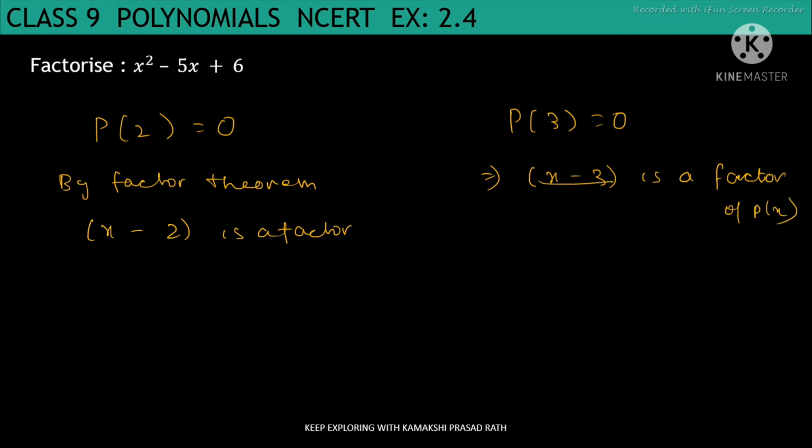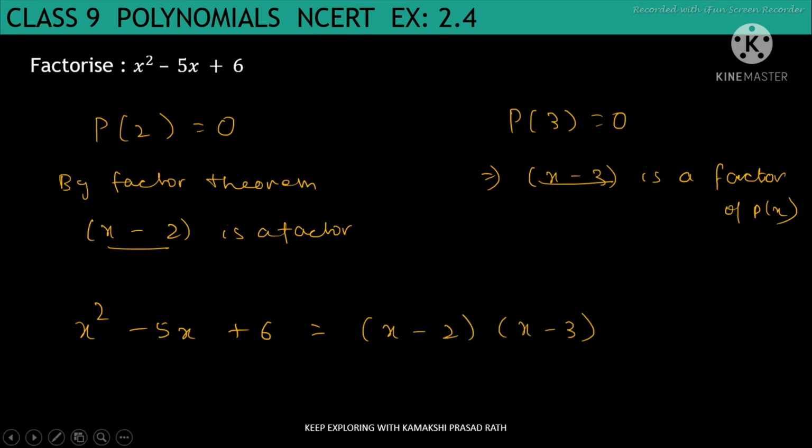Hence we got two factors, x minus 2 and x minus 3. Hence our polynomial P of x, that is x squared minus 5x plus 6, can be written as x minus 2 multiplied by x minus 3.